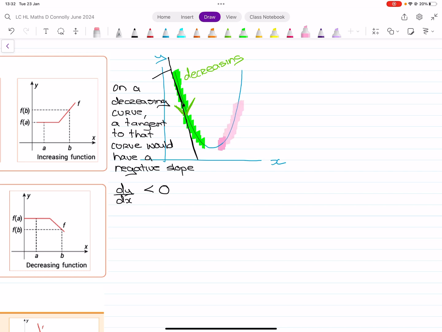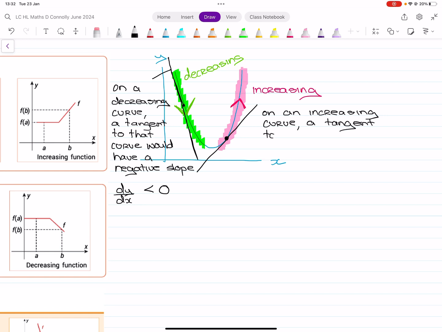we'll talk about actually tomorrow. So on the other side, the curve is increasing. And on this side, yeah?